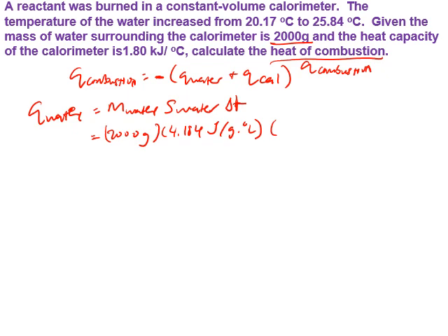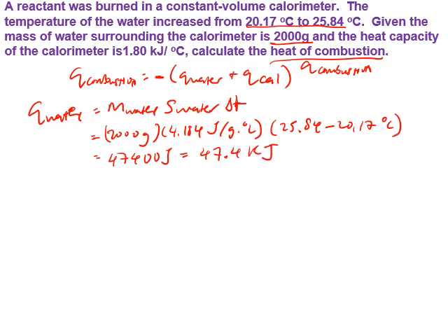Delta T, yes, you can see a temperature change there; you take the final minus the initial. Make sure every unit and value is correct. Then we calculate with the calculator: 47400 joule. We convert into kilojoule, 47.4 kilojoule. All right, actually we have solved the first one.